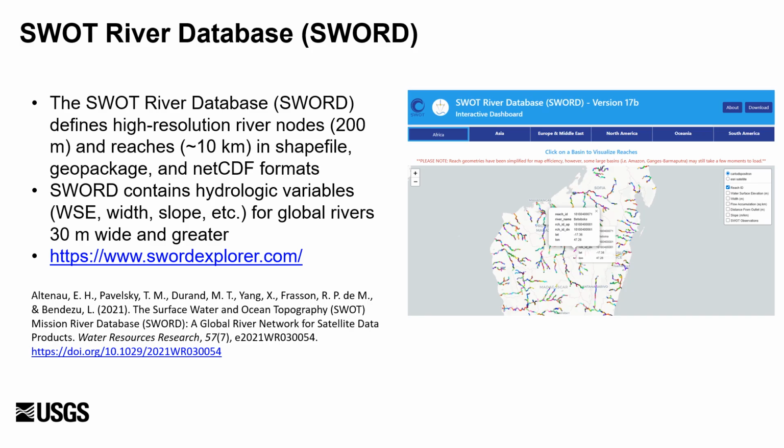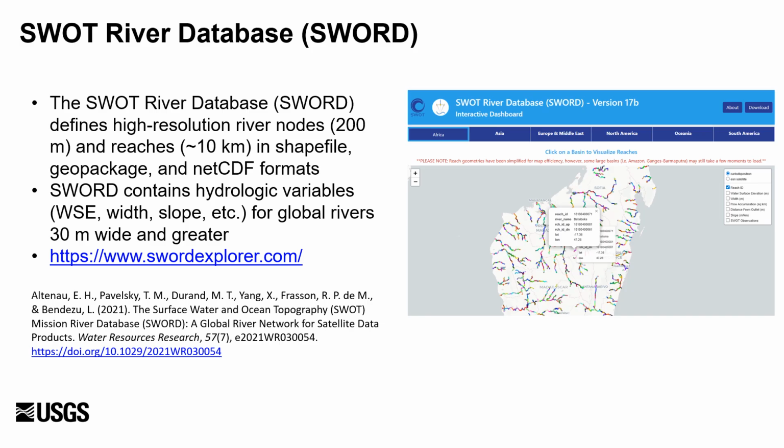The SWOT river database, or SWORD, contains hydrologic variables accompanying these river geometries, including an estimate of the water surface elevation, river width, river slope, as well as other parameters for global rivers that are 30 meters wide and greater. This database can be explored at the SWORD Explorer website, which I've linked to here, and more information is available through this publication shown here.